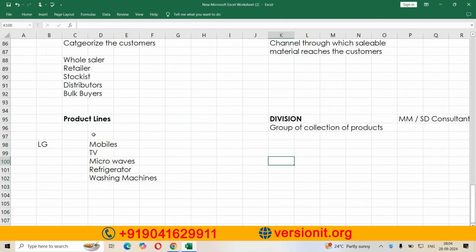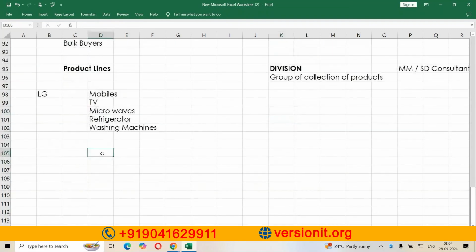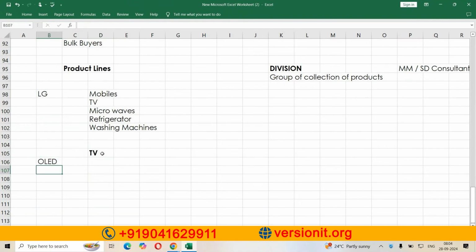And these particular products can be further divided as well. For example, if you have TV, again you're going to have different segments in that. We have OLED technology, laser technology, then we have ultra high definition TVs, LED TVs. Like this, we have different variants in that.